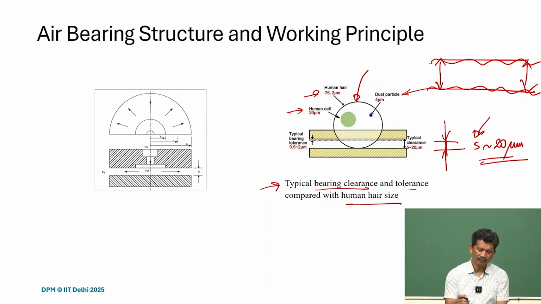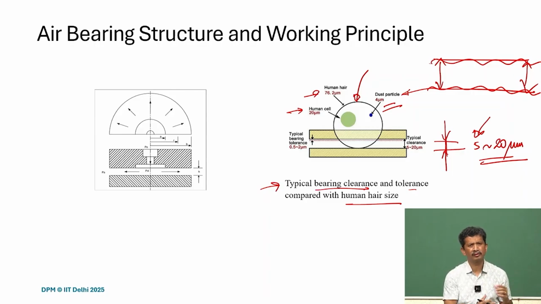At the same time, dust particle is of the order of 4 micron. It means the air which is passing through those bearing surfaces has to be prepared, it has to be dust free. So, the filtering is required. You cannot feed any kind of air.